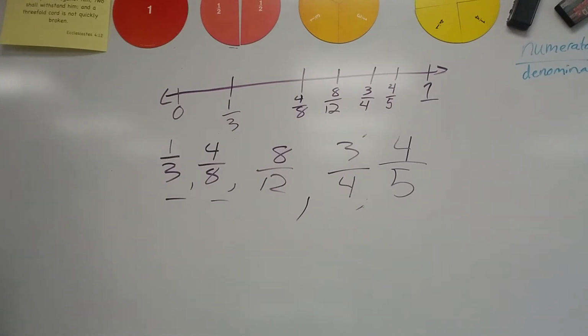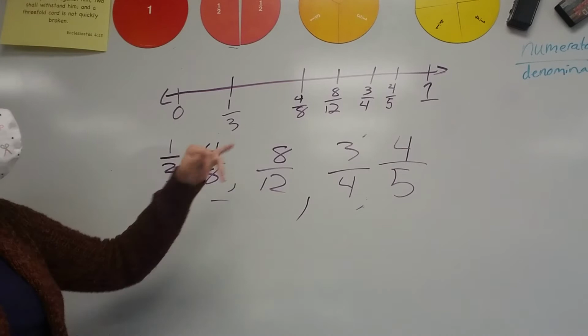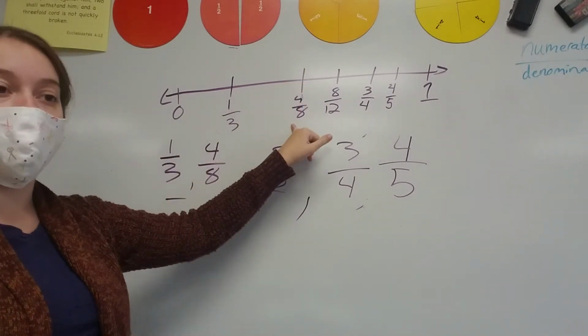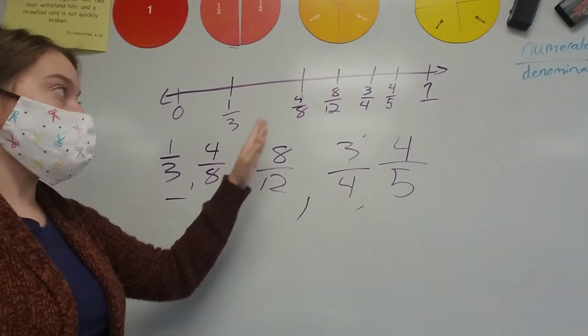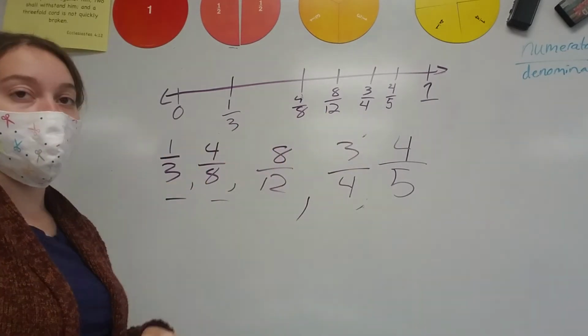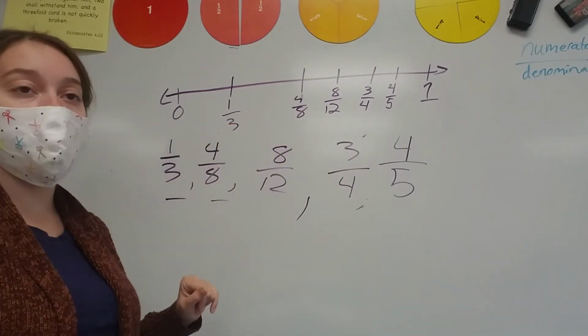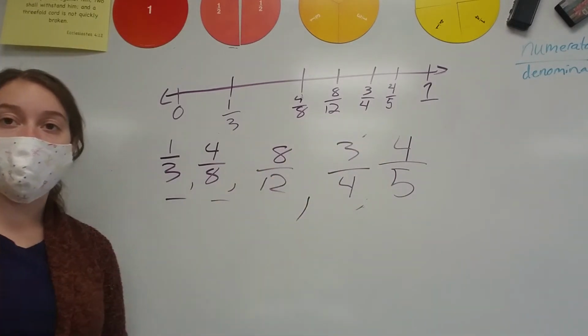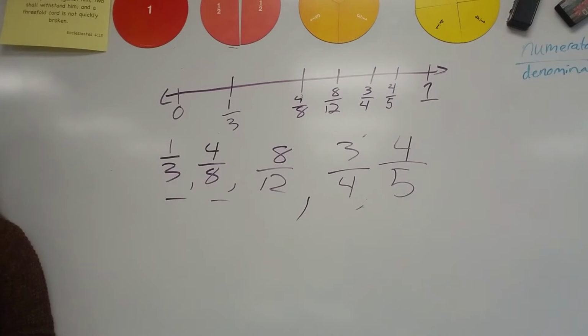Doing the number line isn't that tricky as long as you watch, because you want to make sure this halfway mark is labeled for 8s, right? And everything is on the correct side. 1/3 was less than a half, and all these others were more than a half, okay? Does that make sense? All right.